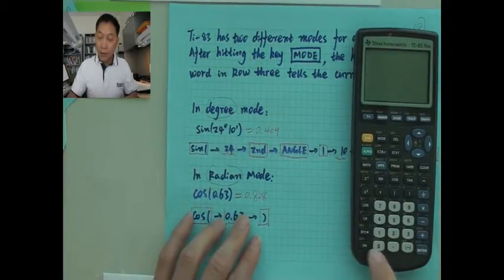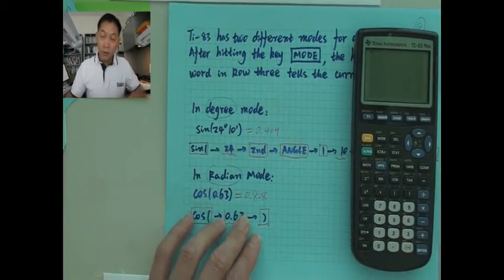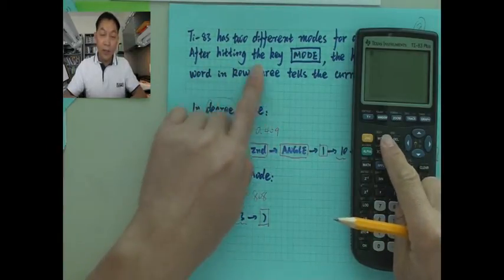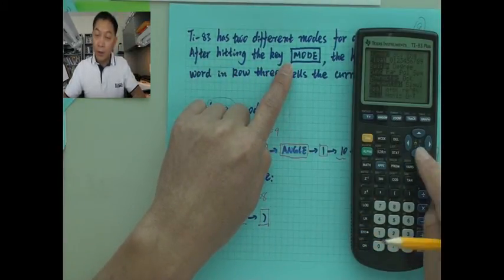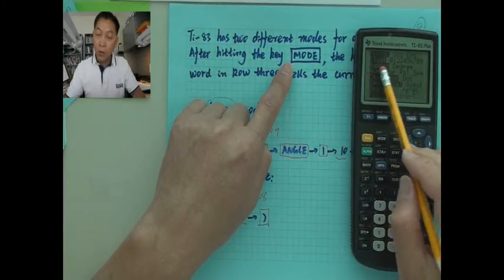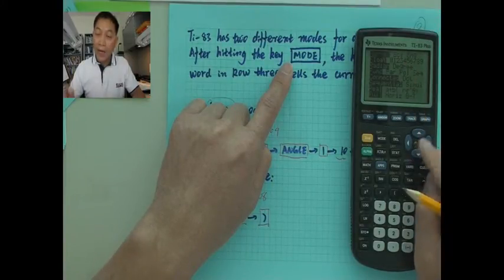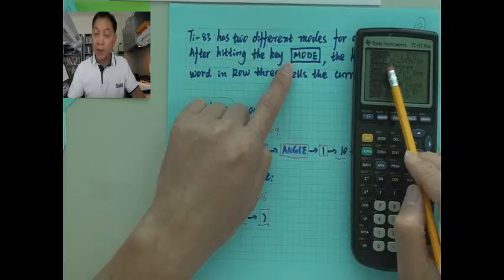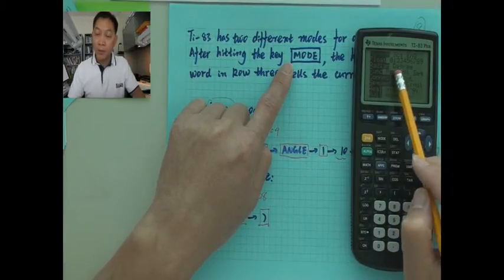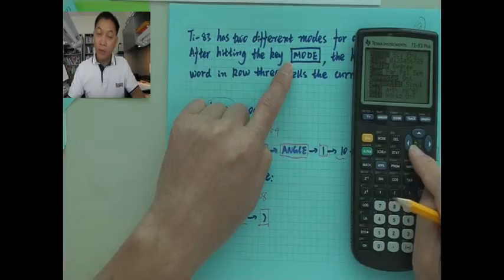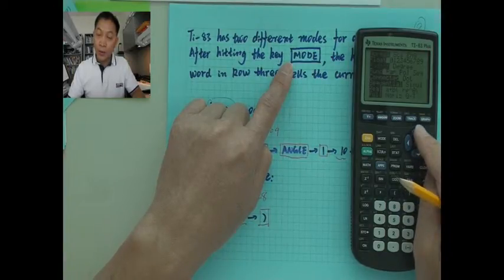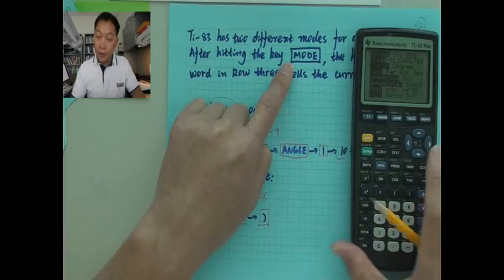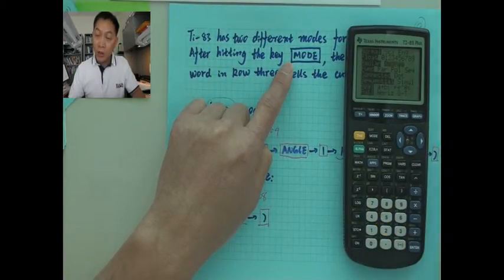Now, you hit the mode key, and then you see the third row, which is radian and degree. There are two modes. The highlighted word is radian. So in this case, the calculator is in radian mode. If we want to change it, you can use the arrows to move the cursor to degree, which is flashing, and then hit the enter key.